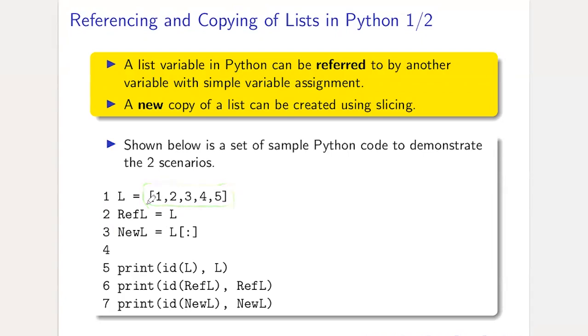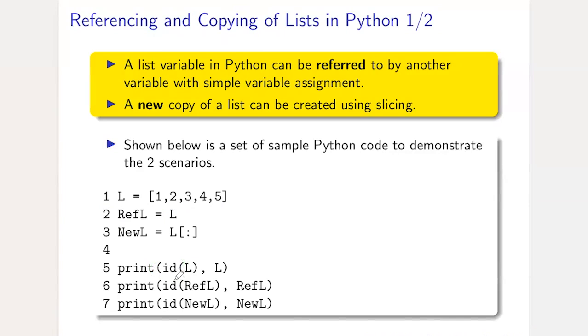I will show you the creation of a variable that refers to the same data structure by using the function called ID that is available to us in Python, which tells the memory location of a variable.